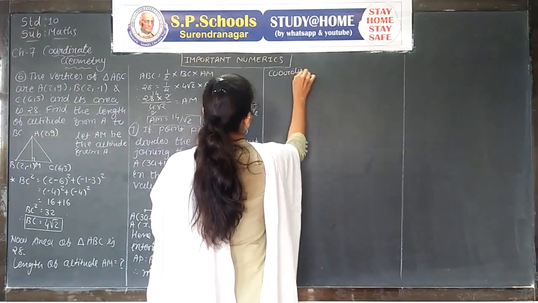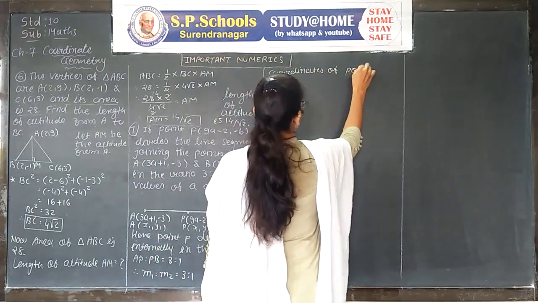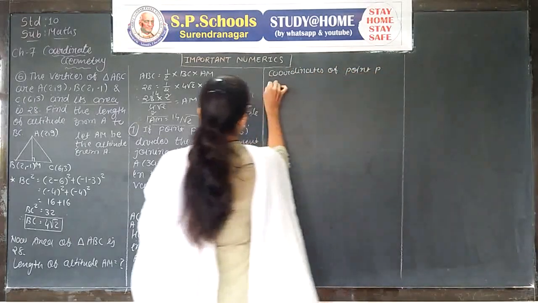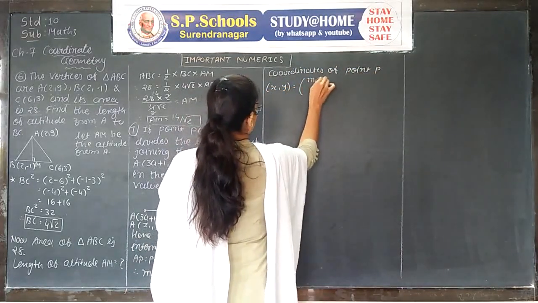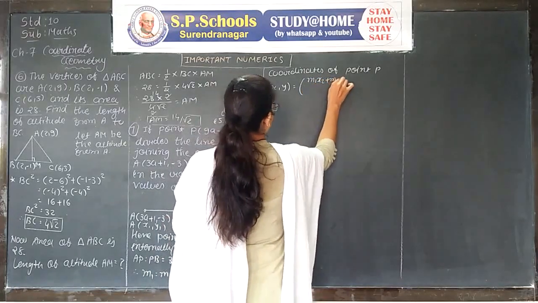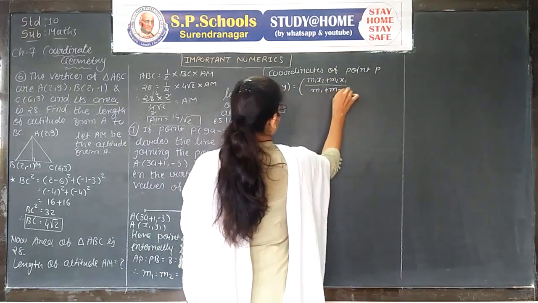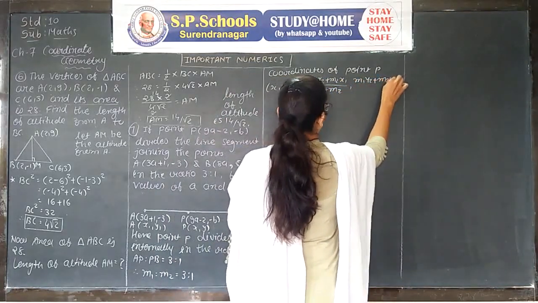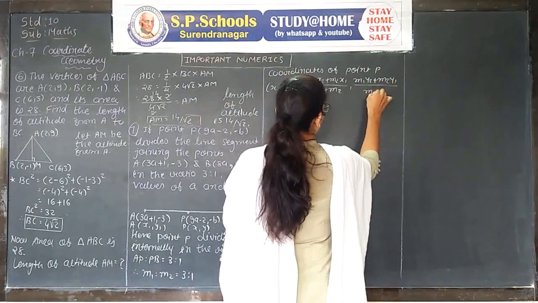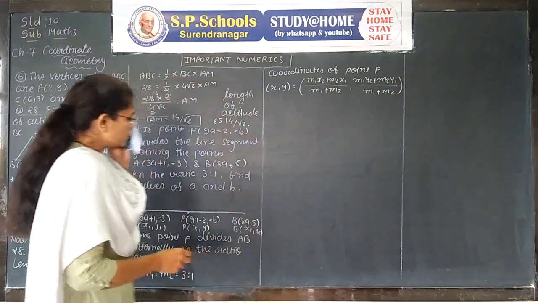Coordinates of point P, xy, is equal to m1 x2 plus m2 x1 upon m1 plus m2 comma m1 y2 plus m2 y1 upon m1 plus m2. Now we substitute all the values.